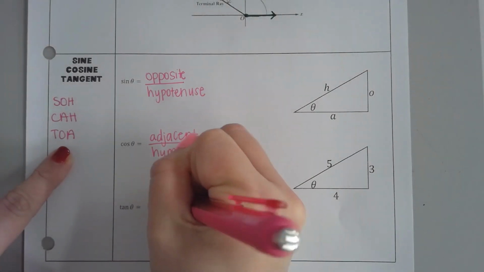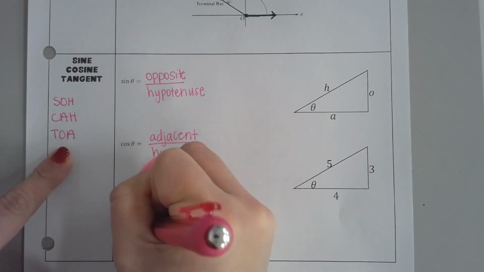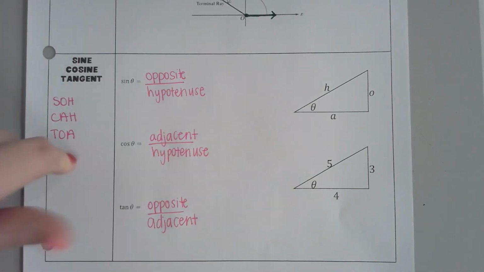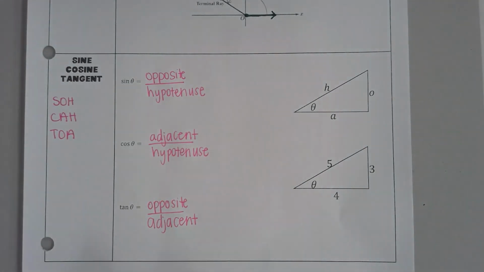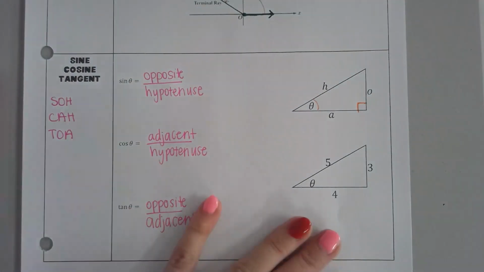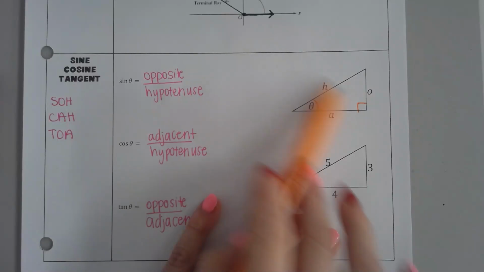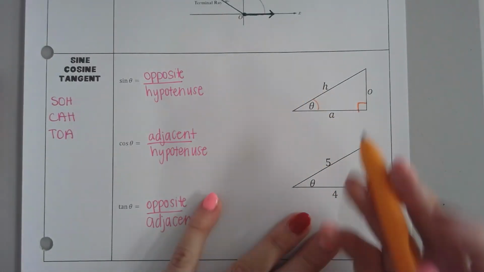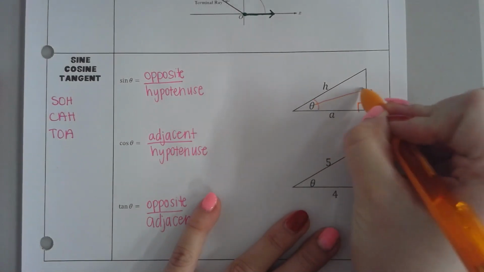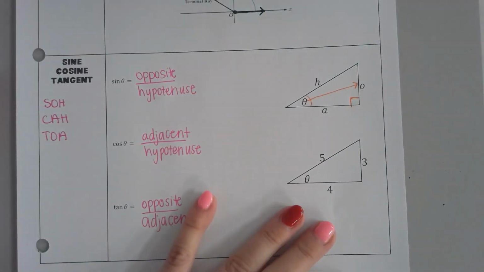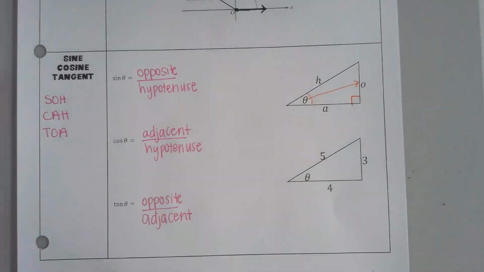Yeah. And if you remember, you hopefully do, when you have an angle, you also always have a right angle. So the hypotenuse is always the one across from the right angle, always. The opposite side is the one across from your angle that you're focusing in on. And then the other side is your adjacent.